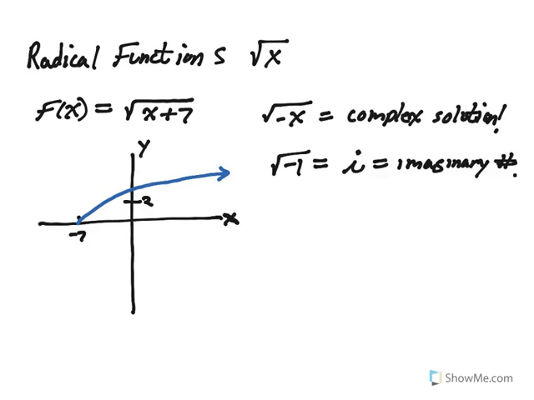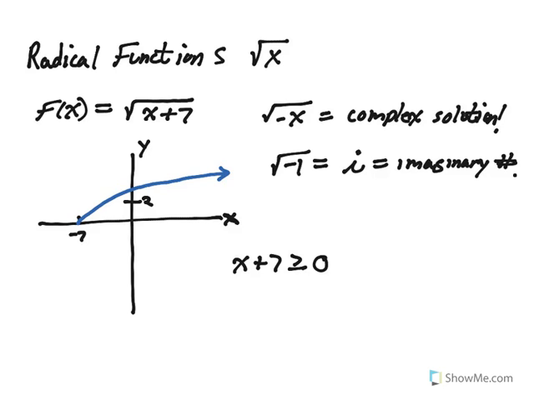So here's what we want to do. We want to take the x plus 7, that's under the radical, right? And we want to set it greater than and equal to 0, because in order to take the square root of something, the x value has to be 0 and above, okay? If it's below 0, you're going to get an error message. So we're going to set up an inequality.